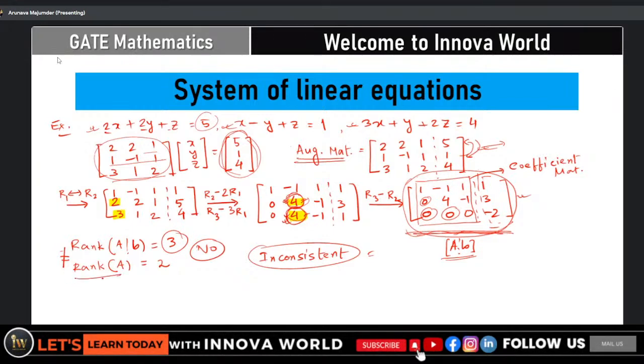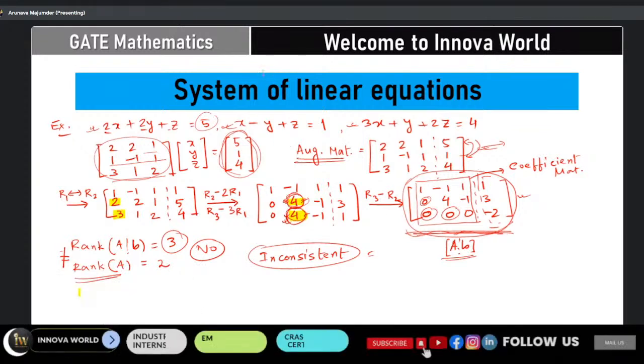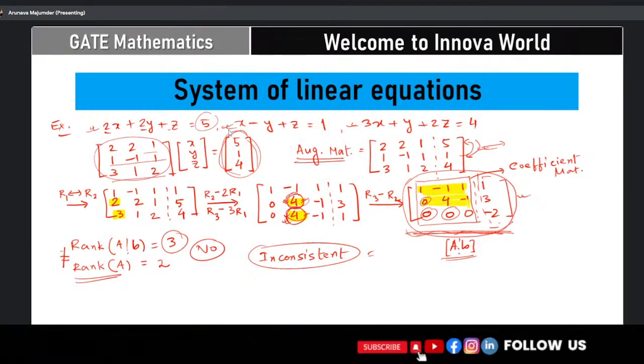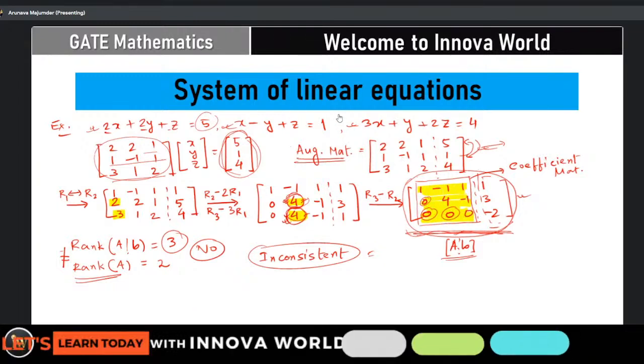The next rank is the rank of the coefficient matrix only. I'm highlighting it, so this is the coefficient matrix only. We need to find the rank of only this matrix now.